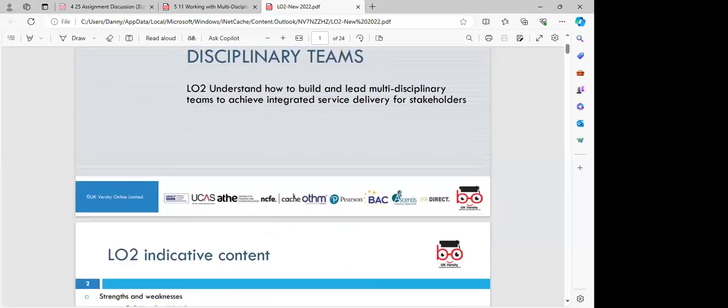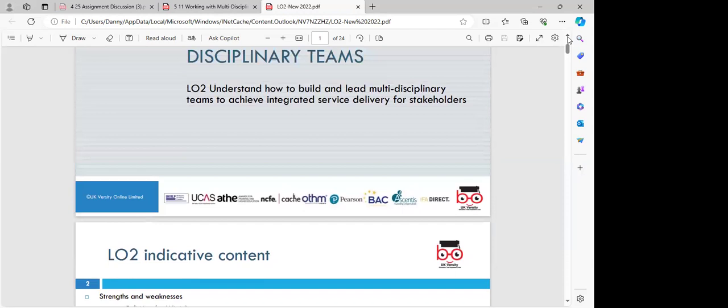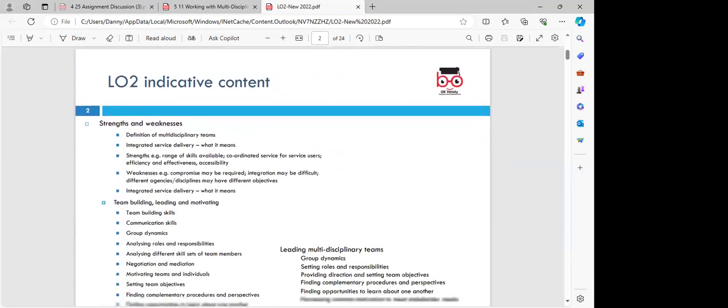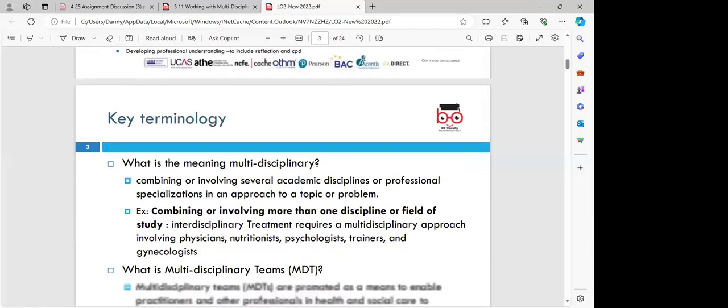I remember in your previous lectures, there was a bit of mentioning of the word multidisciplinary, where there is a need for various professionals to work together, especially when there is a report or an allegation made. It could be safeguarding or it could be any other thing within healthcare.